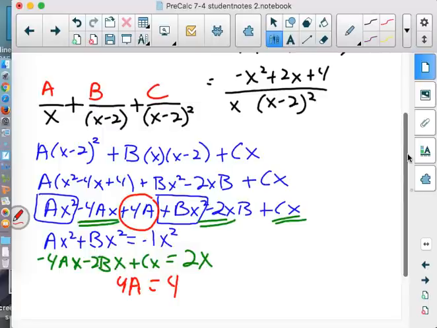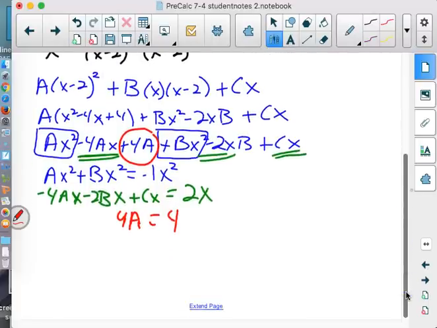So here's what we do. And I'm going to go through the motions, even though this one's a little bit easier than what we need. We take out the x squareds and the x's and all that good stuff, and any of the variables, we don't need those for matrices. So if we're going to set this up as a matrix, we just need the coefficients for a, b, and c.